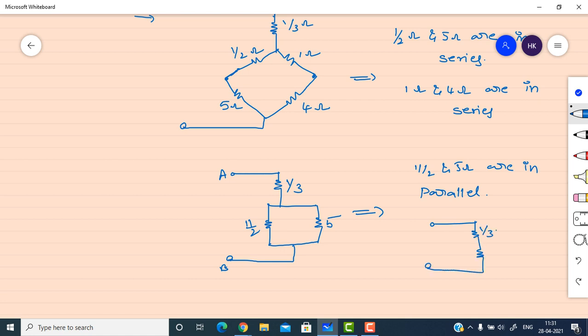This is 1 by 3. Parallel combination of these two: 11 by 2 into 5 by 11 by 2 plus 5. How much will you get? 55 by 21.